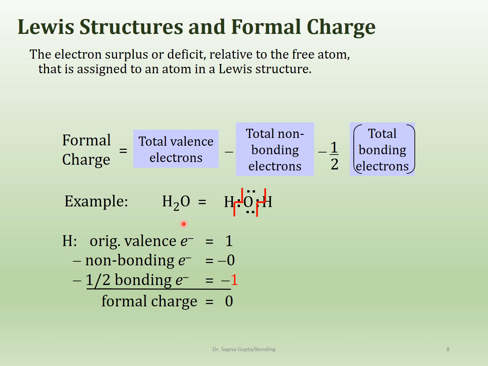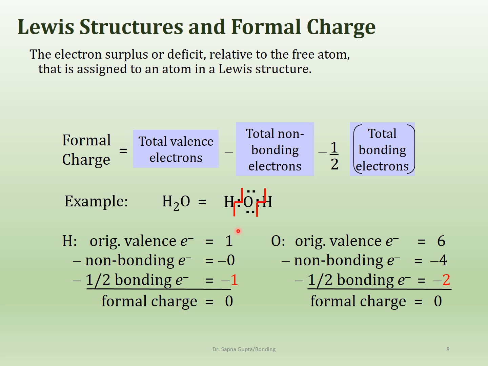Technically speaking, there shouldn't be any charge, but this is a method and a process to do this, because in some cases there are some charges but the molecule is still neutral. Then let's work on oxygen. In the case of oxygen, the original number of valence electrons is 6. That's what we start with. The number of non-bonding electrons is 4, so one pair here and one pair here.